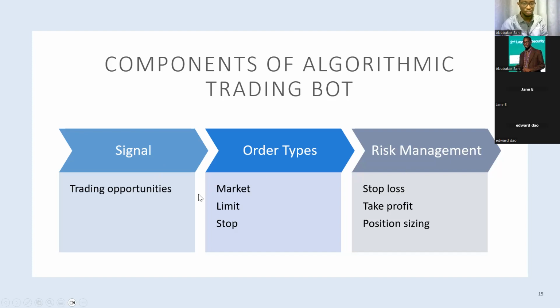First of all, it should be clear to you what the signal is. The signal means, how do we know that this is a good trading opportunity for us to buy into? That is the signal. It's like the signal on traffic lights, where you will see red, green, orange. So what is the strategy for us to know we should buy Tesla, for example?